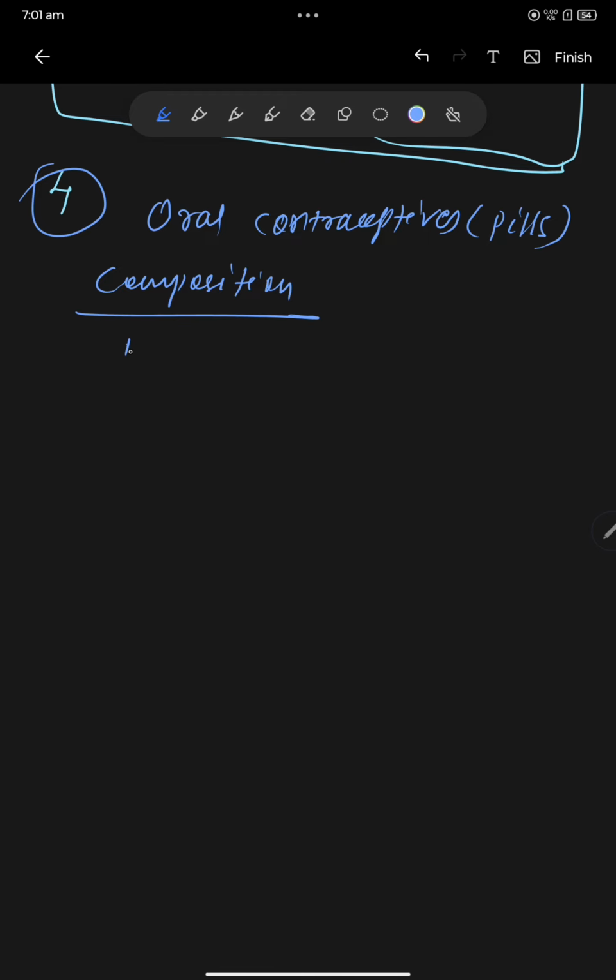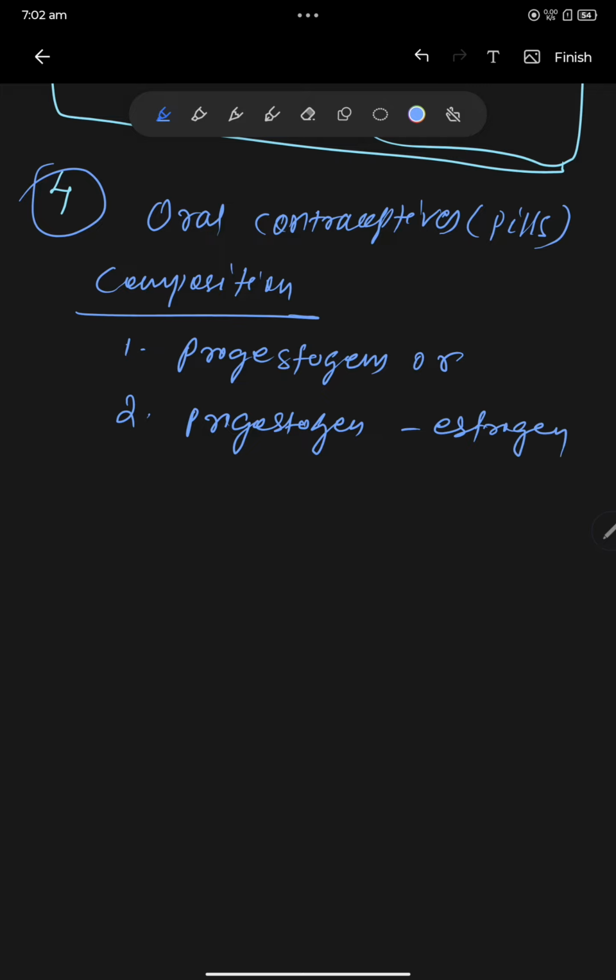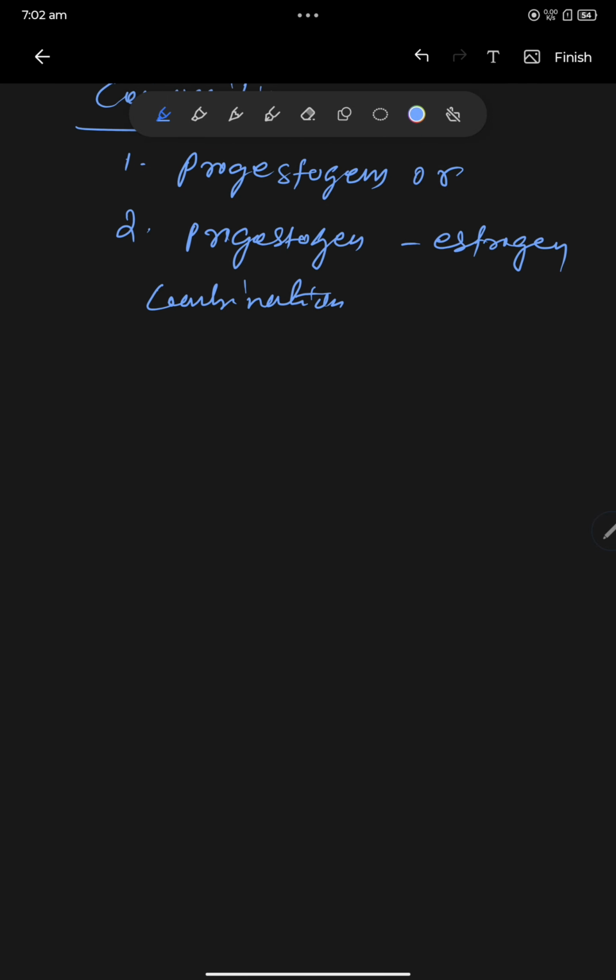The composition is progestogen, or, very, very important, progestogen-estrogen combination. Okay, next, how it is used. This is the usage pattern. How is it taken?